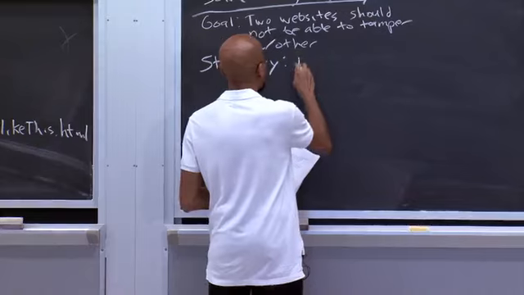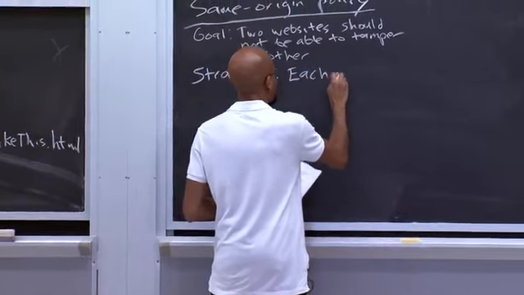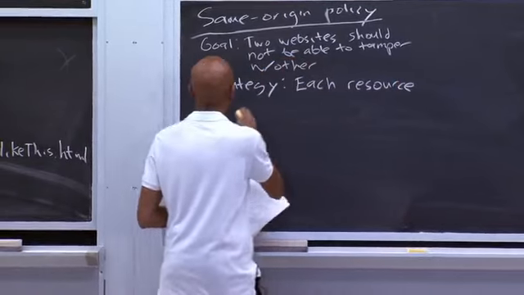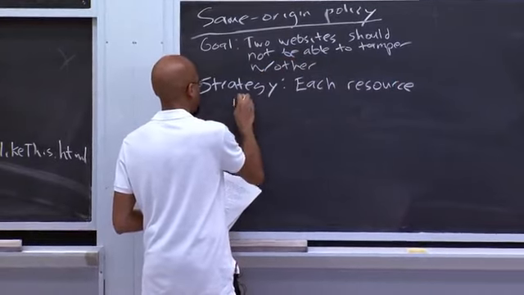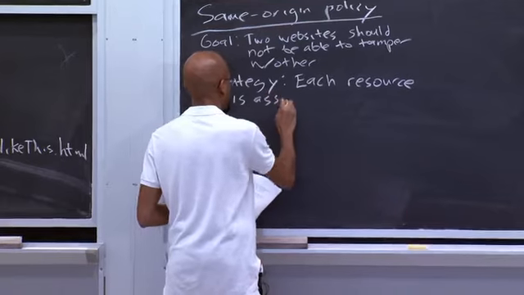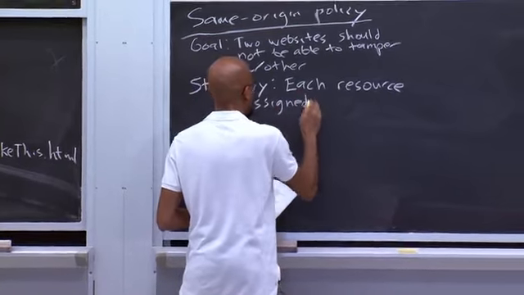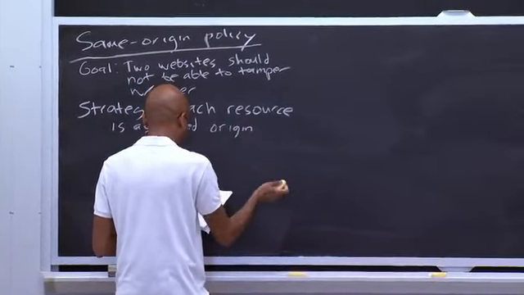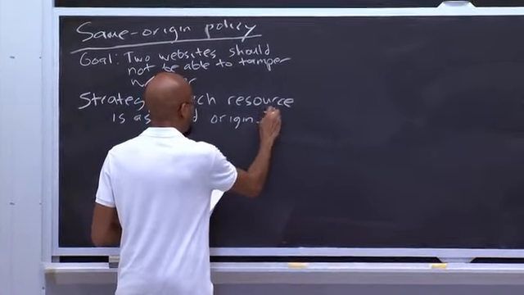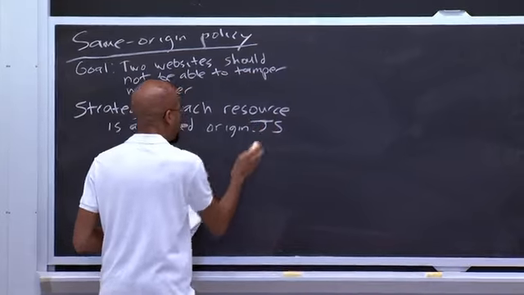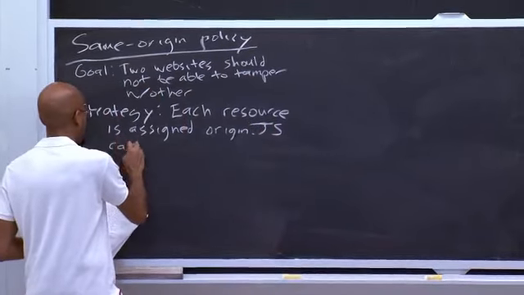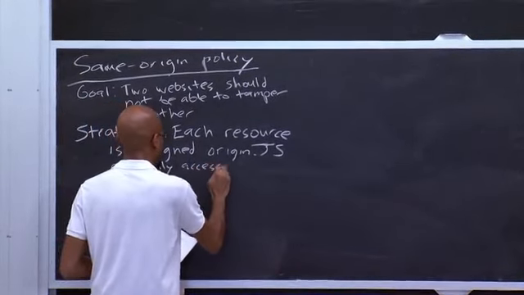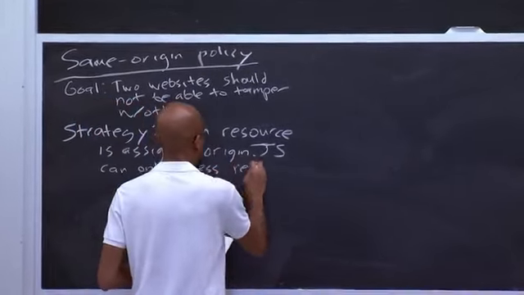Each resource is assigned an origin, which we'll discuss in a second. And essentially, JavaScript code can only access resources from its own origin.